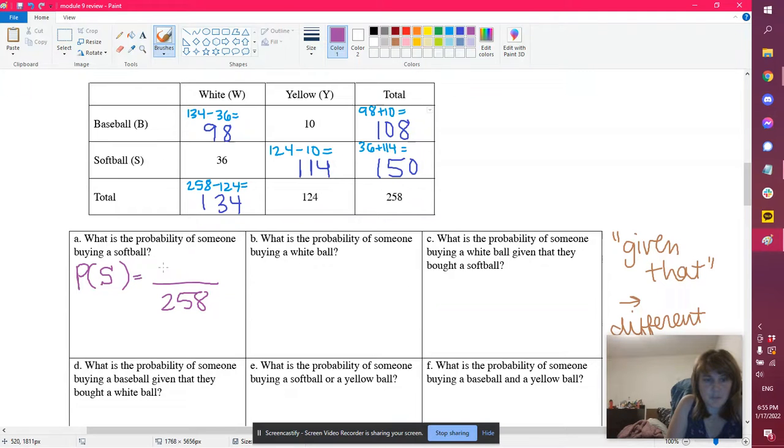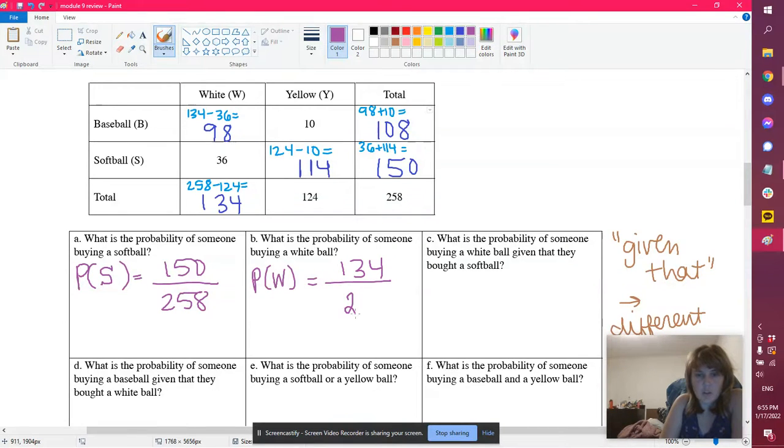And then the total number of softballs is 150. We didn't talk about the color of the ball yet, so we don't want to include these like sub things in our probability. Same for this one. What's the probability of someone buying a white ball? It doesn't say whether it's a baseball or a softball, so we just want to do total white balls over complete total because we didn't see given that anywhere.